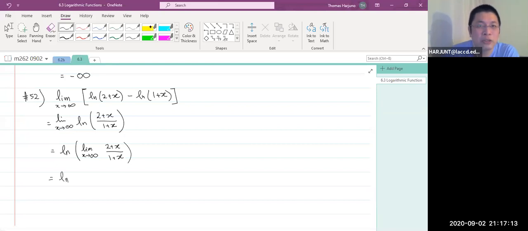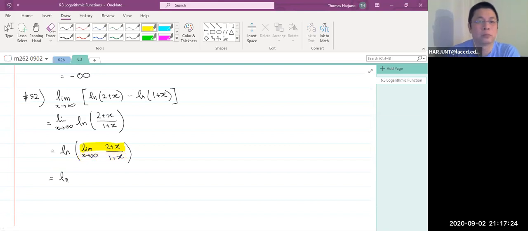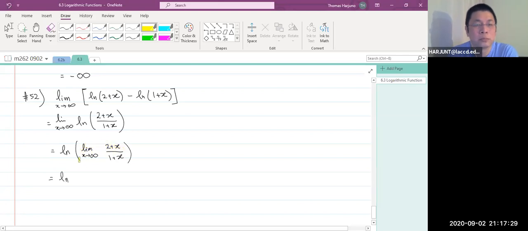But how do we actually answer this type of question in Calculus 1? Divide by x, right? Because x goes to infinity. So we divide by x on the top and the bottom: (2 over x plus 1) over (1 over x plus 1).